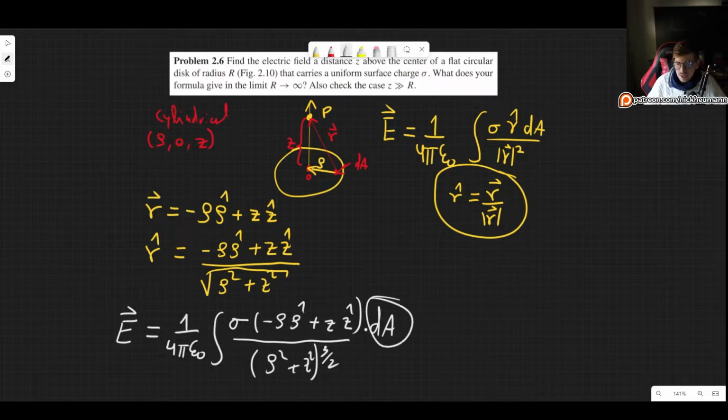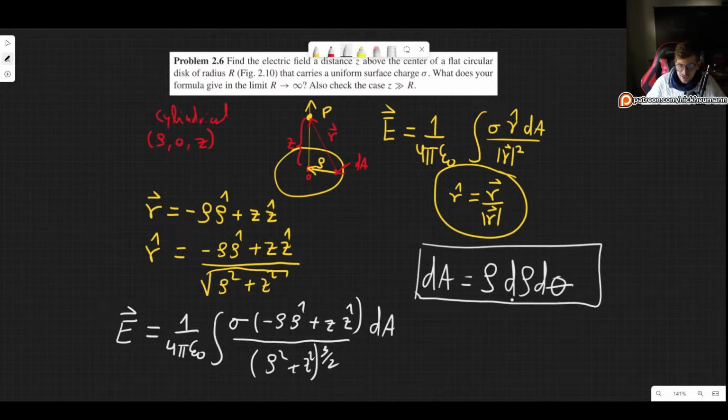So let's now take apart this dA. We are now integrating over this entire disk. So dA is going to be our variable rho, which is this polar coordinate, times rho d theta. All right, so we are integrating in polar coordinates.